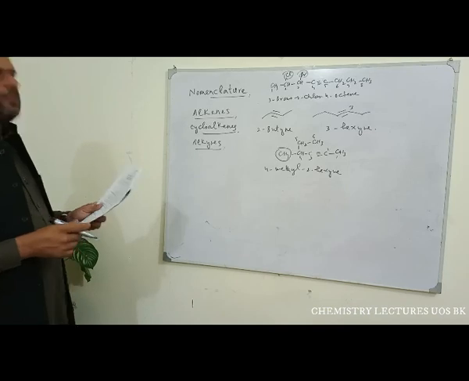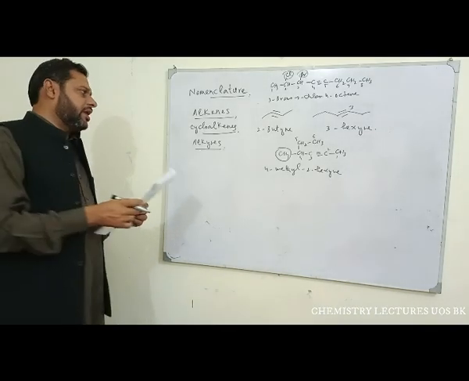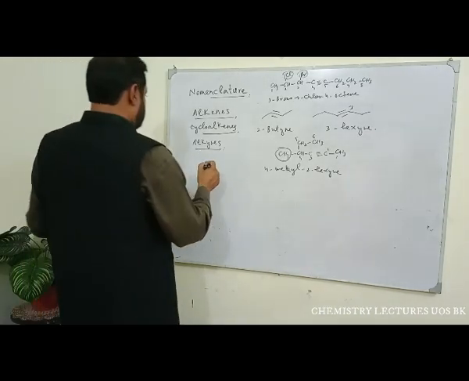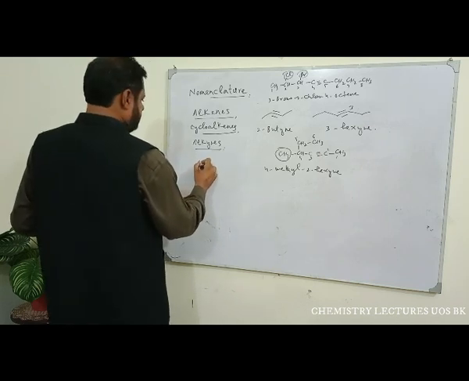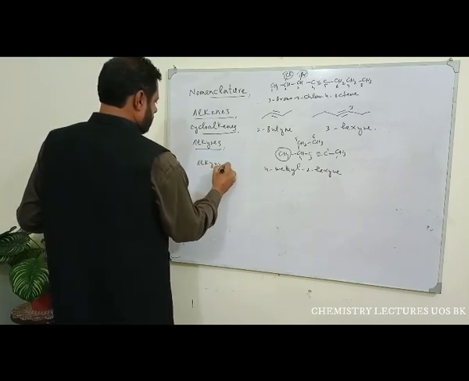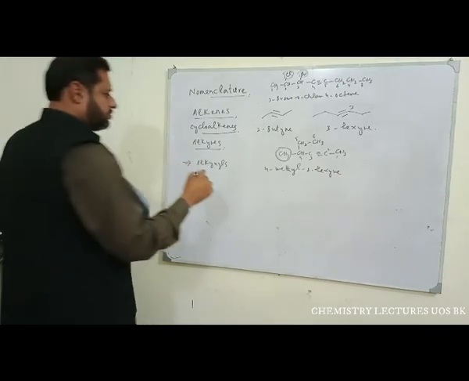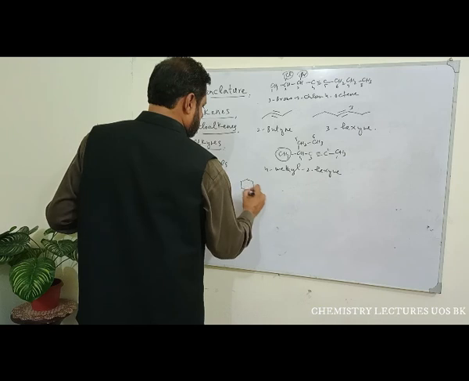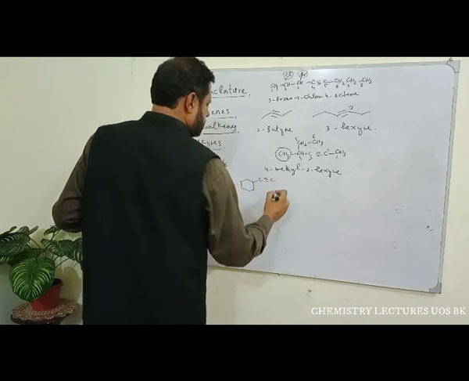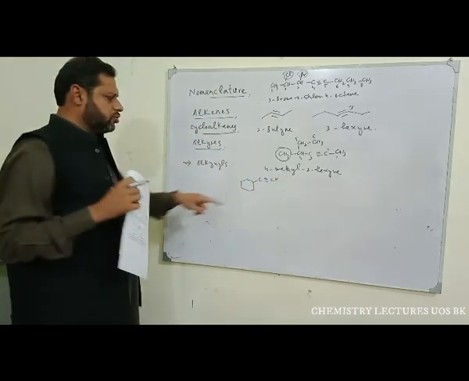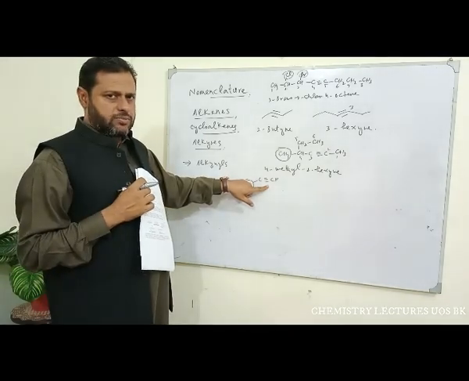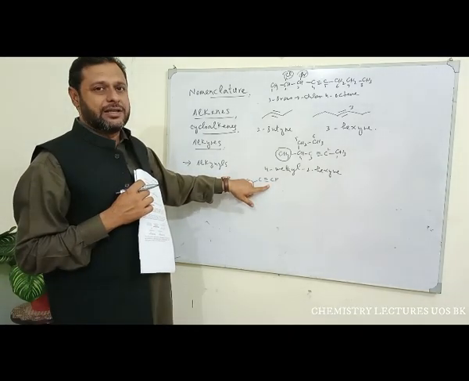Now, if the triple bond is used as a substituent, then the alkyne's name will be alkynyl. Alkynyl as a substituent if the triple bond is used. For example, if you have this cyclohexane ring and if you have this group. Now this group, if it has a single bond, it will be called ethyl.